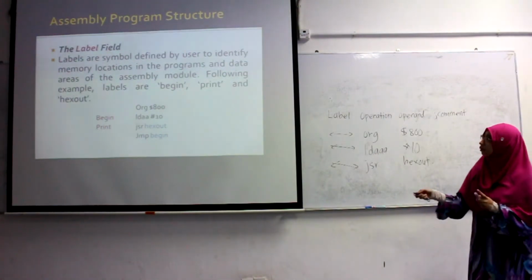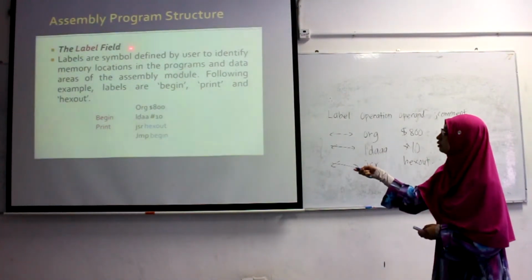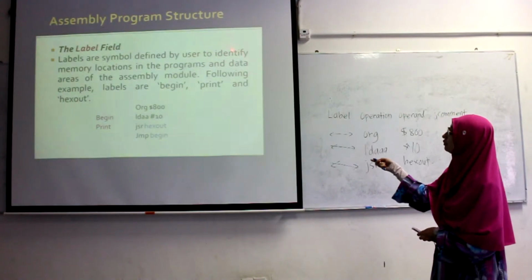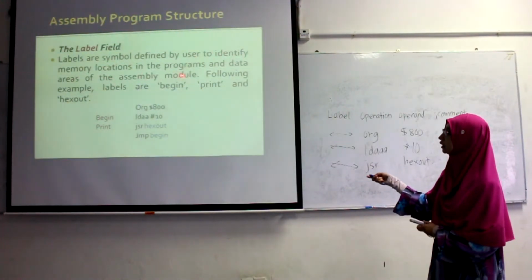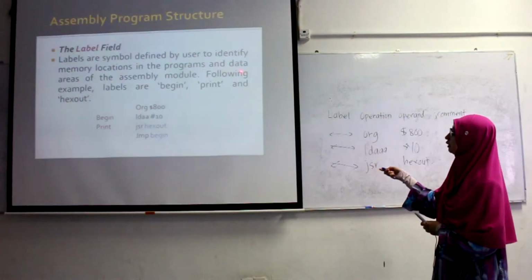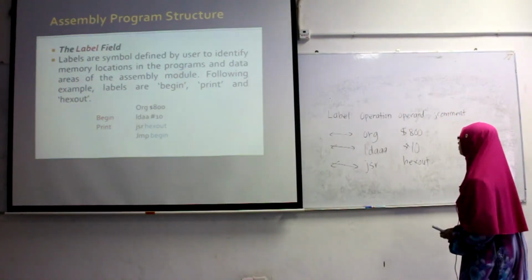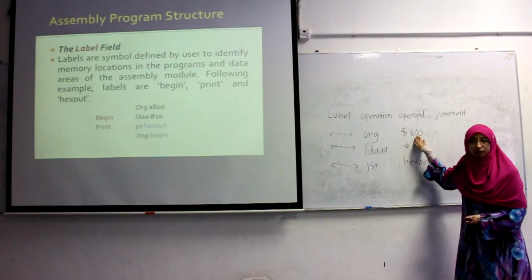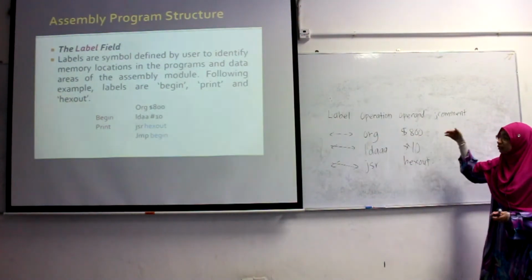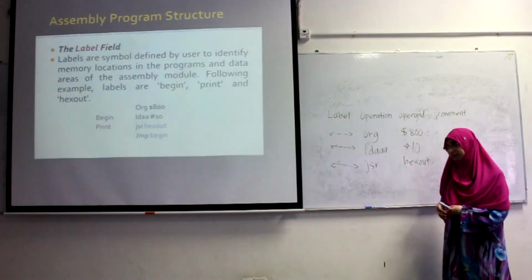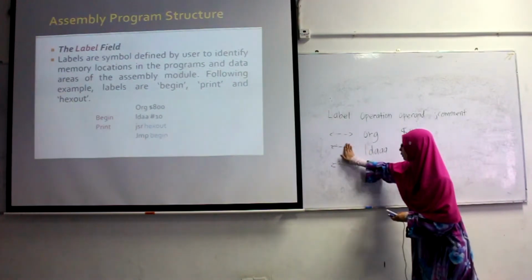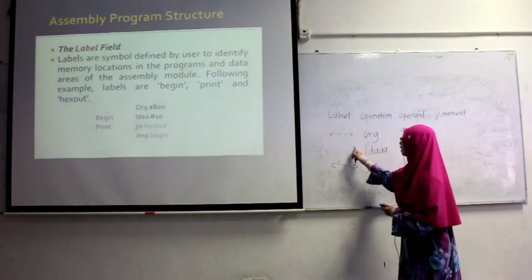So what is a label? Labels are symbols defined by the user to identify memory locations in the program and data areas of the assembly module. For example, we have ORG 800, so our instruction starts at 800. Let's say we write begin here.